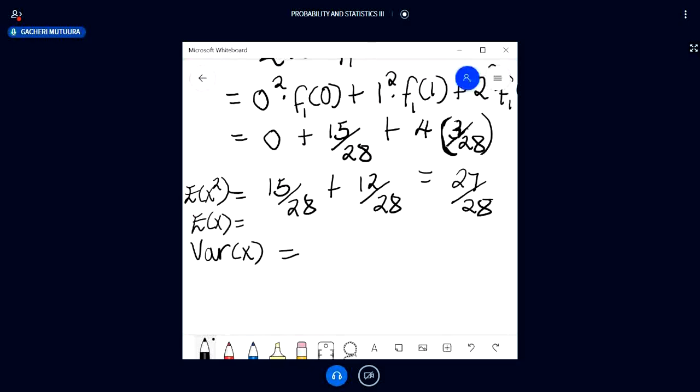We'd obtained it as 21 over 28. So the variance will simply be 27 over 28 minus 21 over 28 squared. So what do you get there? What do you get?